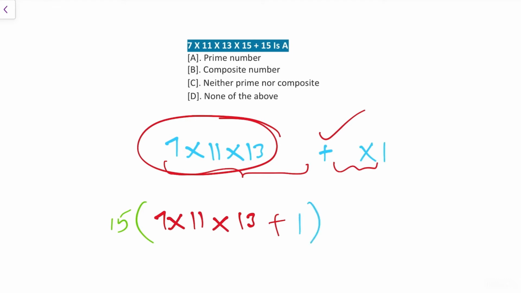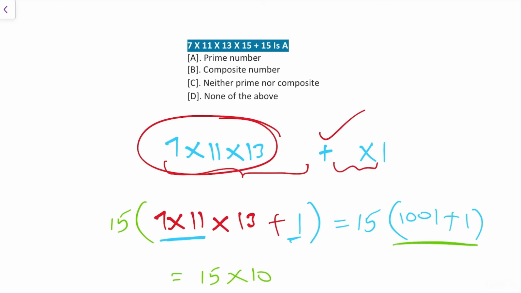So plus 1 as it is. That equals 15 times, here 7 into 11 is 77, 77 times 13 is 1001, plus 1 as it is. So we get 15 times 1002.